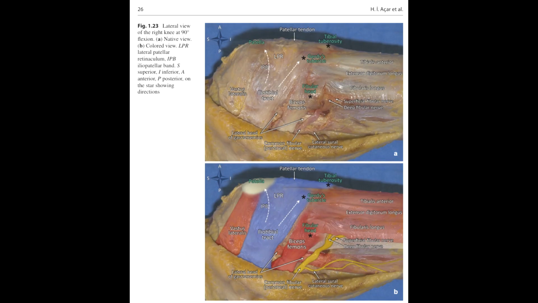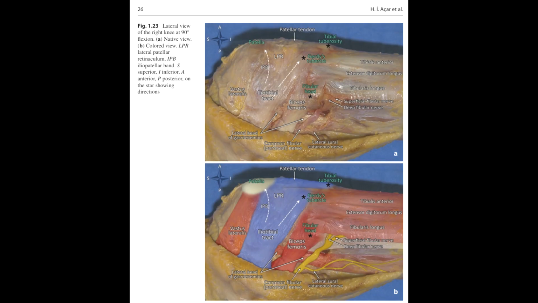Posteriorly, you can see the tendon of the biceps femoris muscle, the lateral hamstring. Recall that this muscle has two heads. The long head of the biceps femoris arises from the ischial tuberosity and is innervated by the tibial nerve. The short head of the biceps femoris originates from the lateral lip of the linea aspera of the femur and is innervated by the common fibular nerve.